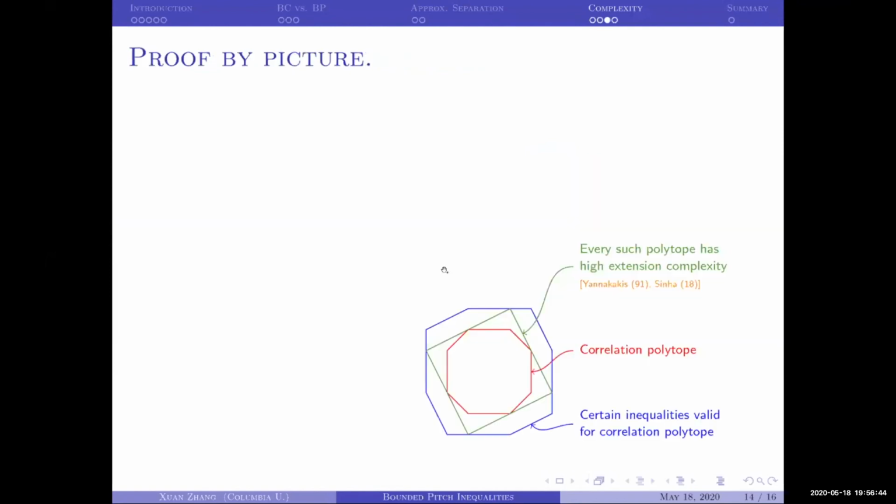I'm running out of time. So quickly, the proof idea is that we'll use a famous polytope in the extension complexity community, which is the correlation polytope. For this polytope, it is shown that if you consider a certain inequality valid for the correlation polytope, then every polytope squeezed in between this correlation polytope and the certain inequalities will have very high extension complexity.